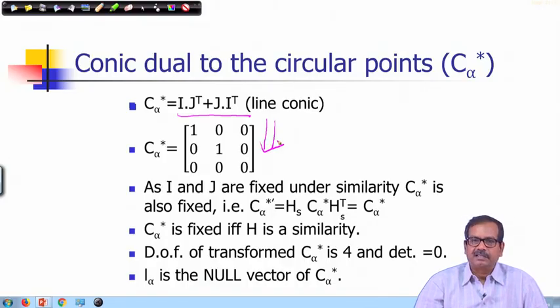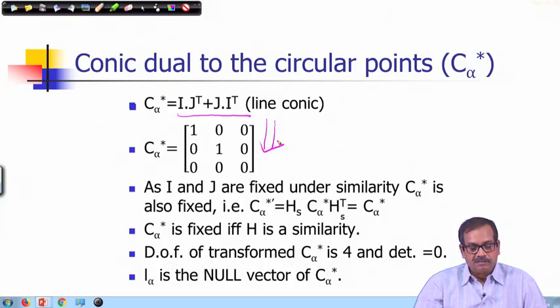Earlier also we mentioned that circular points are fixed under similarity, and so this dual conic representation using circular points is also fixed under similarity.